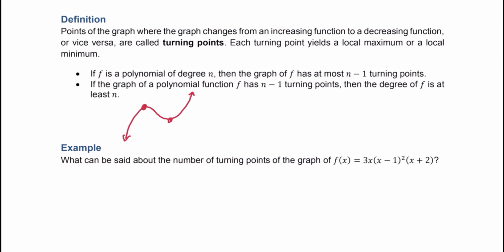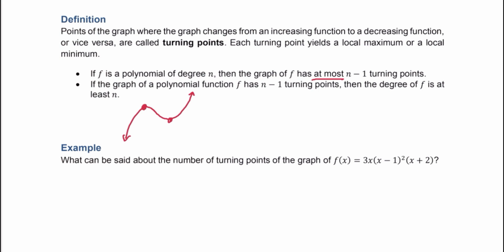We want to be careful to recognize that it is at most. We're not saying exactly n-1 turning points, but at most. Also, if the graph of a polynomial function f has n-1 turning points, then the degree of f is at least n.